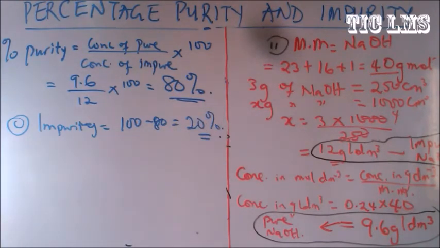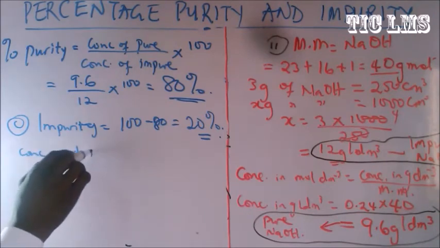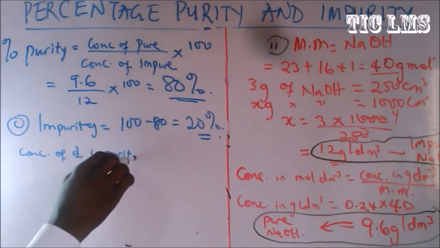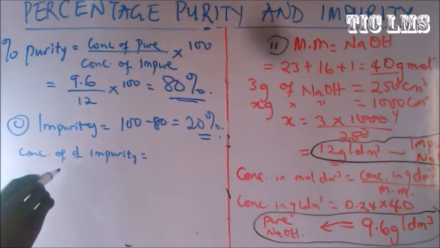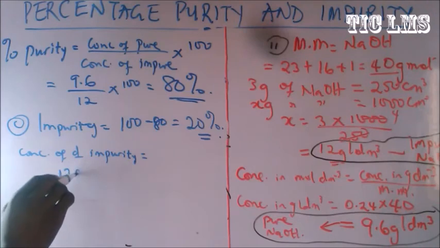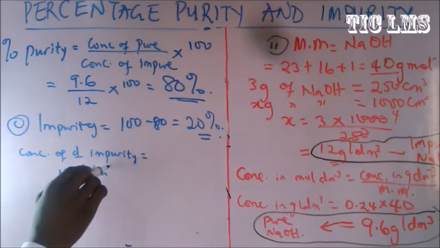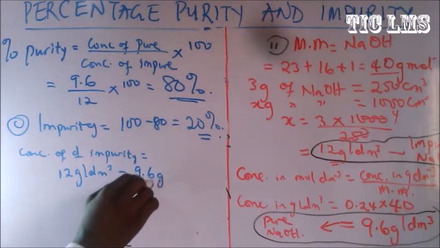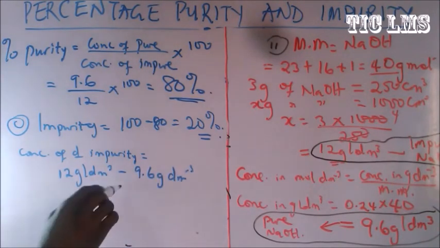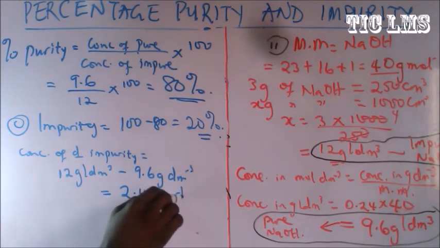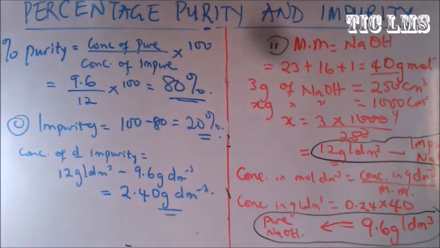But if we are told to find the concentration of the impurity in the entire solution, we'll have it as 12 gram per dm cubed minus 9.6 gram per dm cubed, and that will produce 2.40 gram per dm cubed. So this is the concentration of impurity.